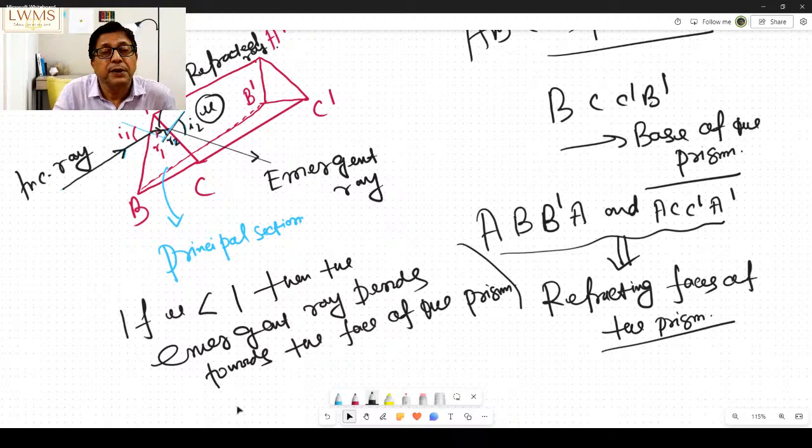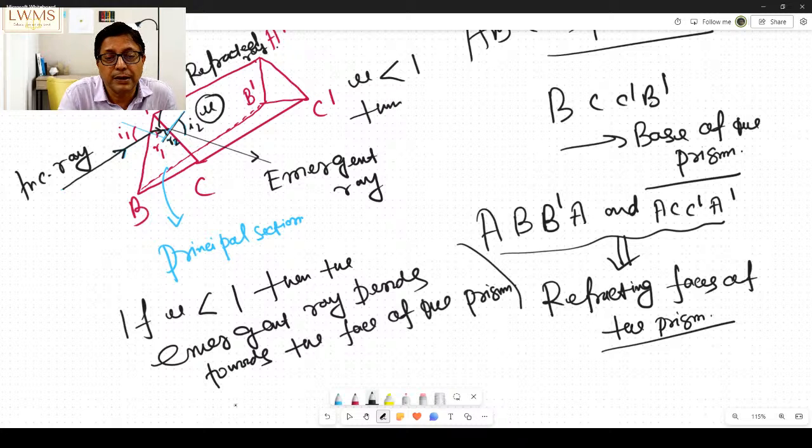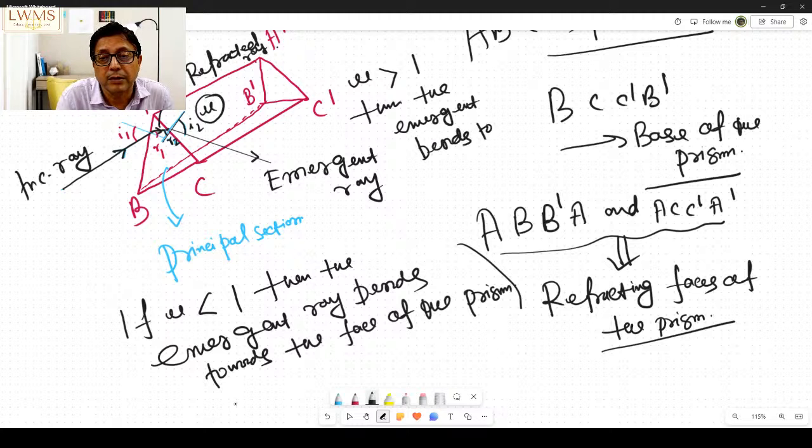But if mu is greater than 1, this is the case, less than 1 we have already considered. If mu is greater than 1, then the emergent ray bends towards the base of the prism.